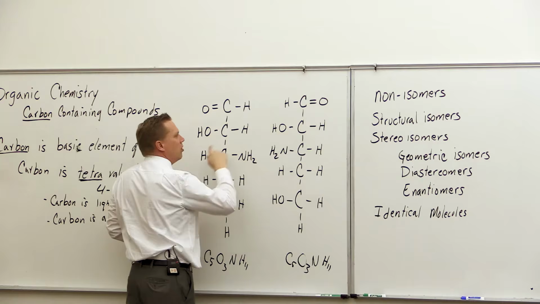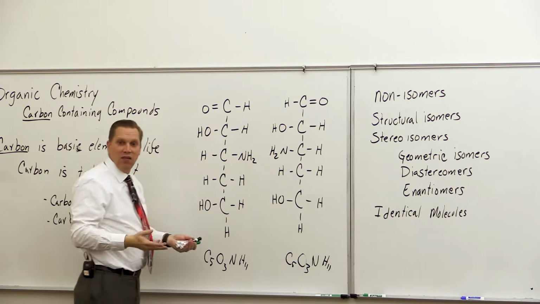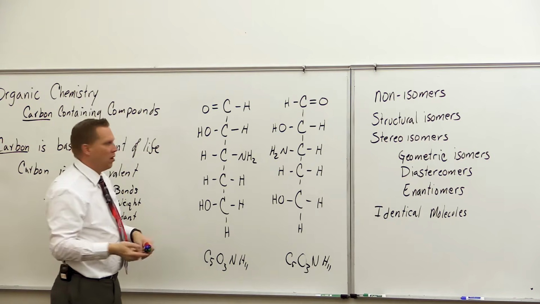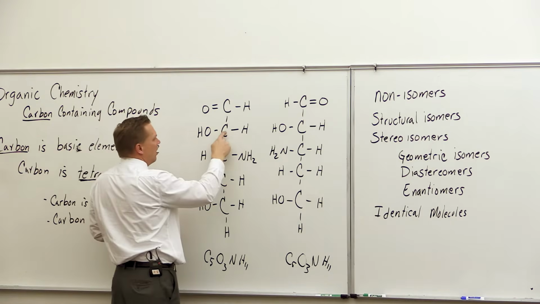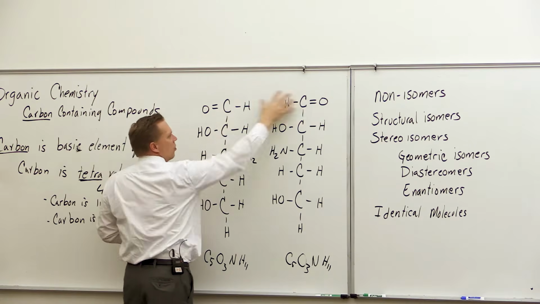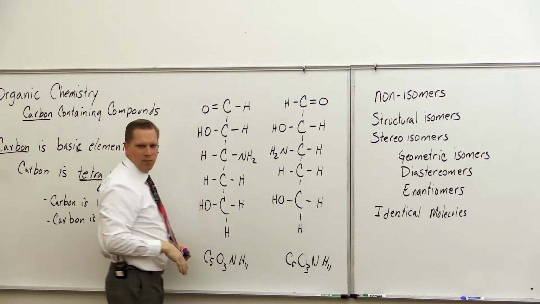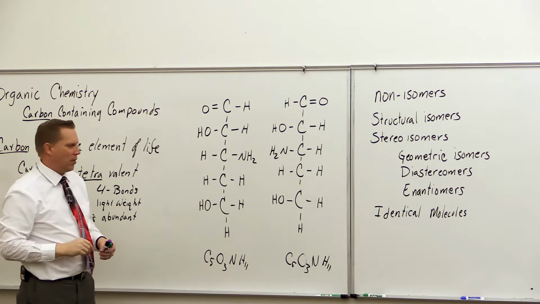Then you go through and look at the rest of these carbons, comparing them, and you see if they have the same bond pattern. So right here, the carbon is bound to an OH group, an H, this group we already said was the same, and then the rest of the molecule. So those two are the same. Does that make sense to everybody?